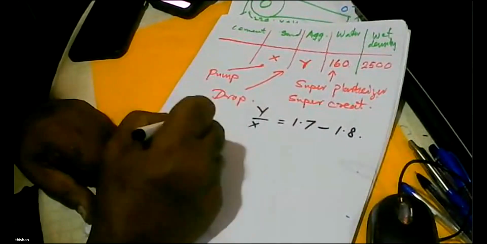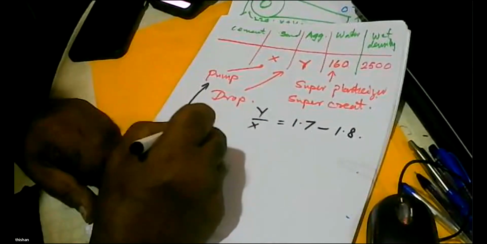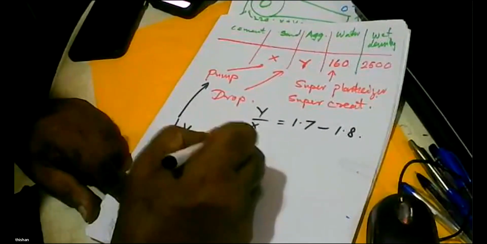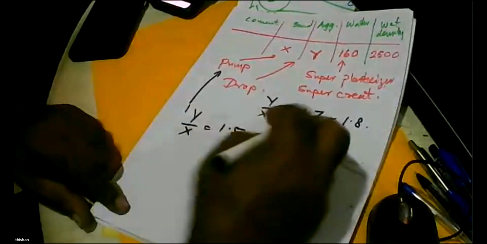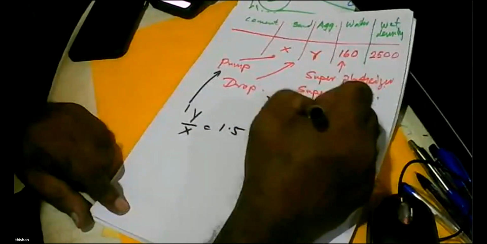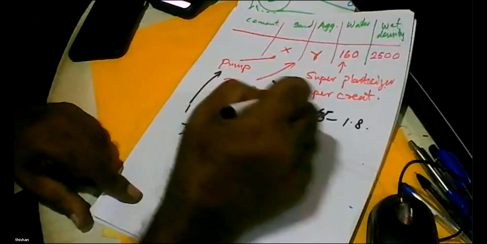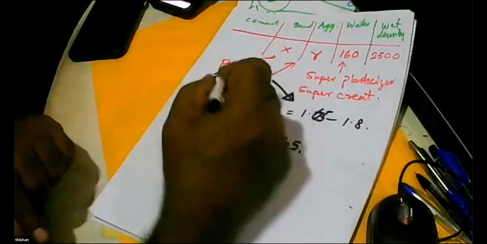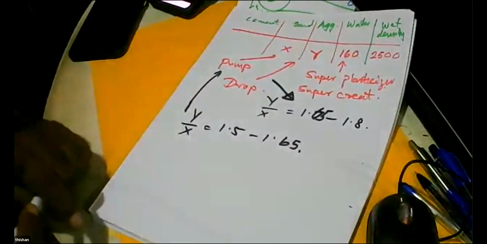If I am pumping, y over x is 1.5 to 1.6. I'll say 1.65 to 1.8 is dropping. 1.5 to 1.65 is pumping.